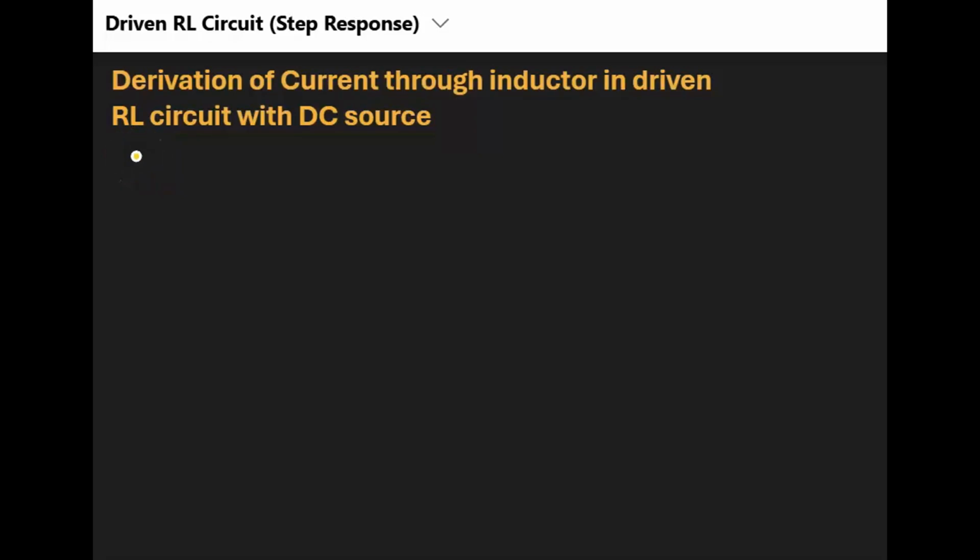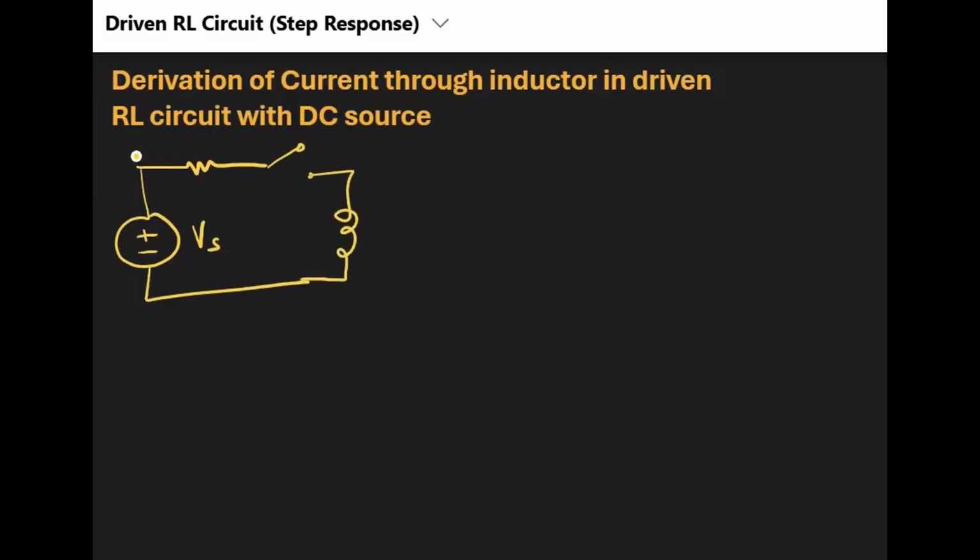In this video, we will derive the current through an inductor in a driven RL circuit with a DC source. It means there will be a DC voltage source Vs in a series RL circuit, and the switch S is closed at t equals 0.